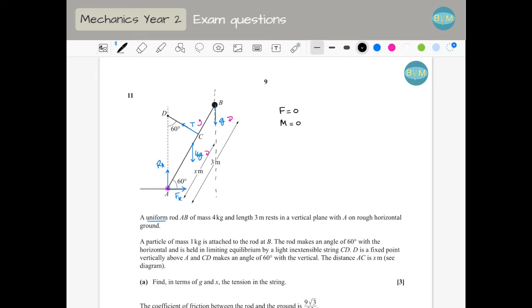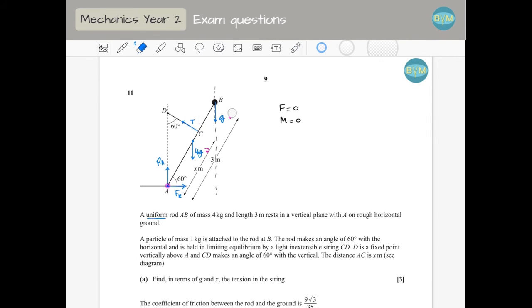Remember, for this tension we can write it by finding the components of tension in the vertical direction and the horizontal direction, because I'm going to solve in those two directions. So for this horizontal force, this angle is 30. Why is it 30?